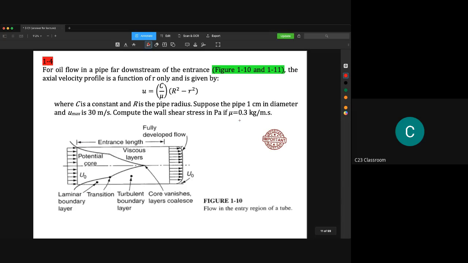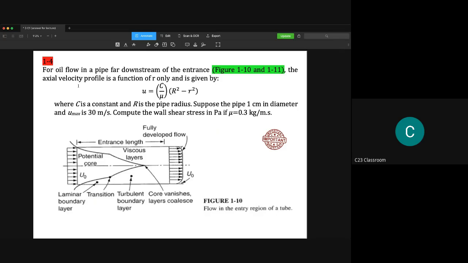Okay, next. So we have this situation, which is closely related to the idea of viscosity. For example, we have one situation of this for flow in pipes. We have oil flow in a pipe far downstream of the entrance, figures 1.10 and 1.11 in your textbook.